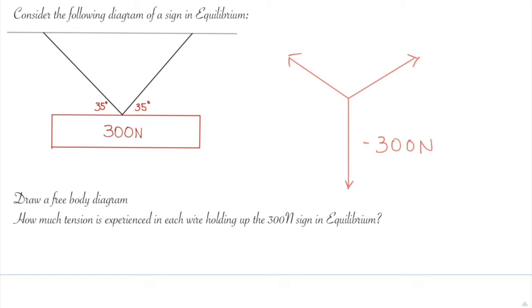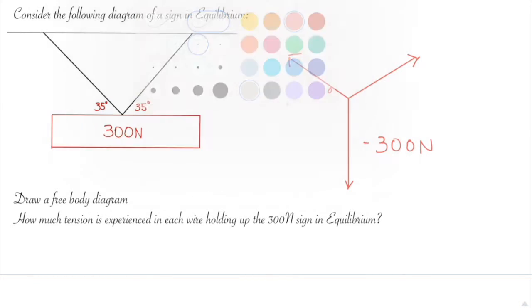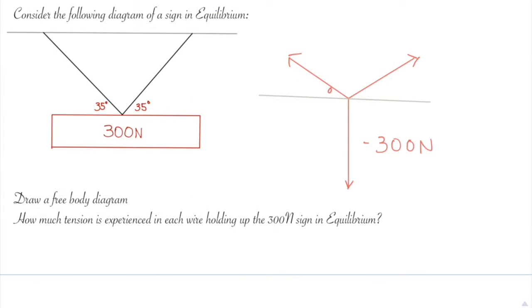We can just directly put it in. And then we've got 35 degrees above the axis for those two wires. I'm going to draw the axis for us so it'll make it a little easier to visualize. Now what we want to know is how much tension is experienced in each wire holding up the 300 Newton sign in equilibrium.